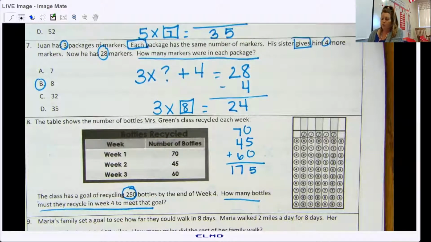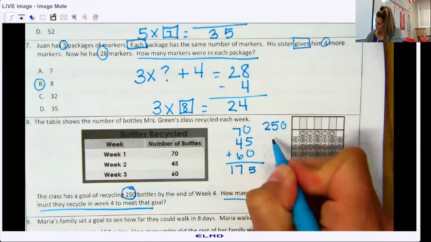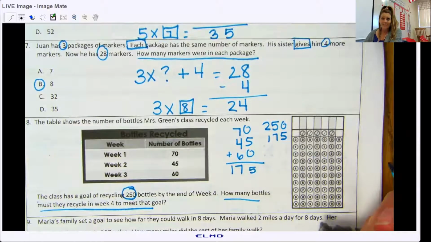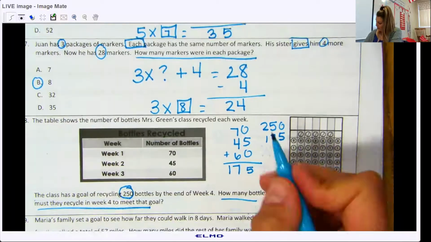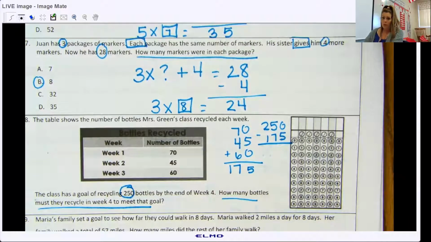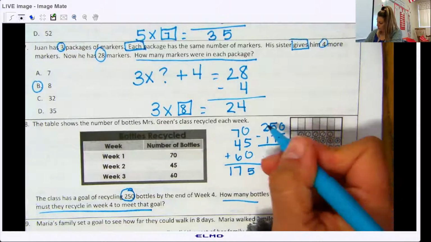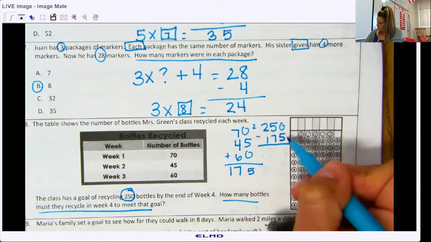Now, their goal is 250, right? They're at 175. Can we subtract to help us add here? Yeah. So what would step number 2 look like? All right, well, this is step number 2, 250 minus 175. There's more on the floor.